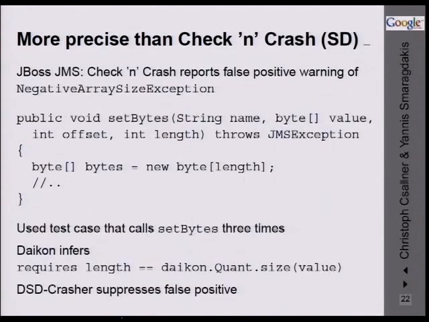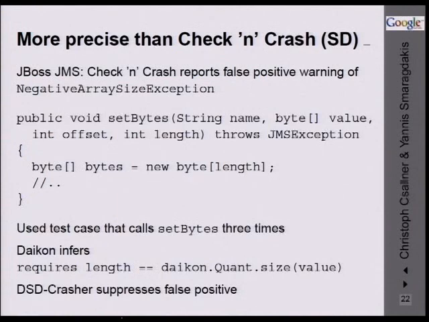And I have an example of why DSD-Crasher excludes false positive warnings. In this case, we have something from JBoss JMS, where this particular method throws a negative array size exception if you pass in a negative value of length, and length is one of the parameters. So it seems like it should be part of the specification that you should not put a negative value for length inside that method, because you will get that negative array size exception.